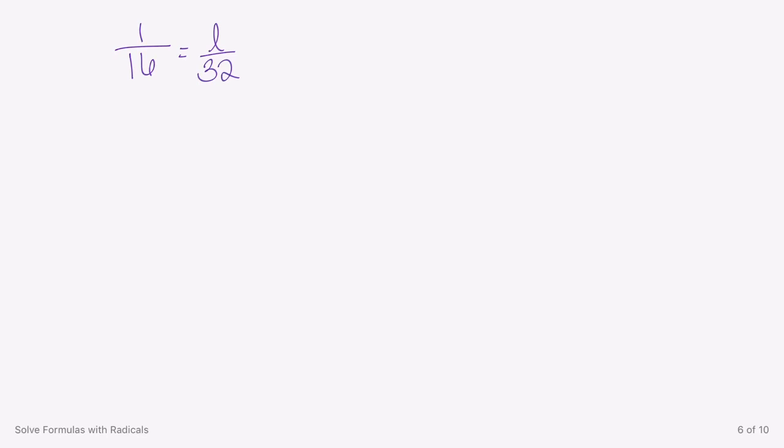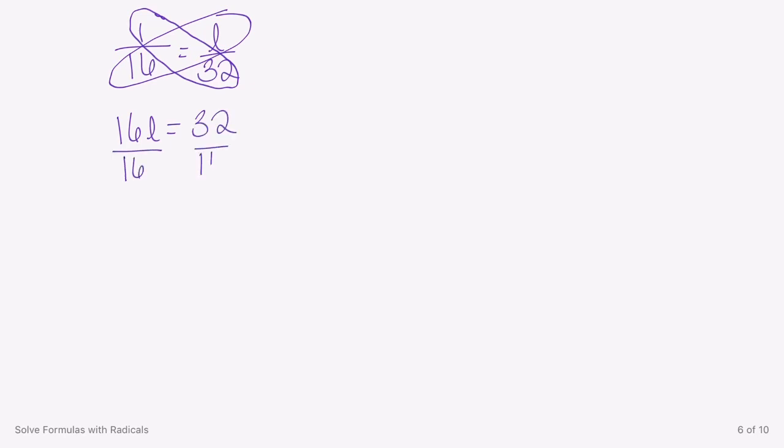Remember, this is like a proportion problem, so I can crisscross multiply, and multiply across like this. So I get 16L equals 32. And then I can divide both sides of this equation by 16 in order to solve for L. That gives me L equals 2. So L equals 2 feet is the answer to this problem.